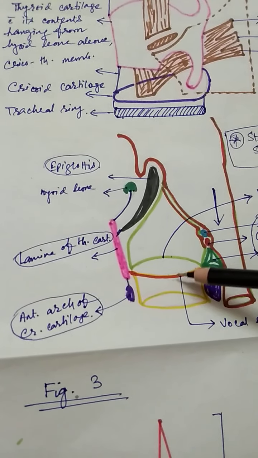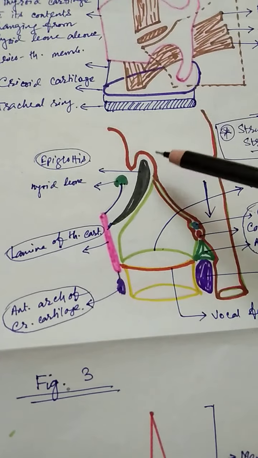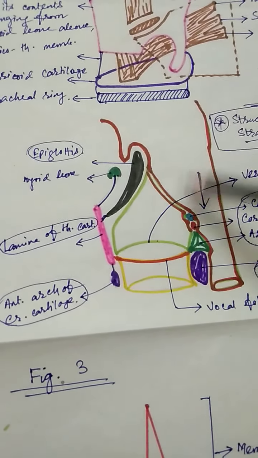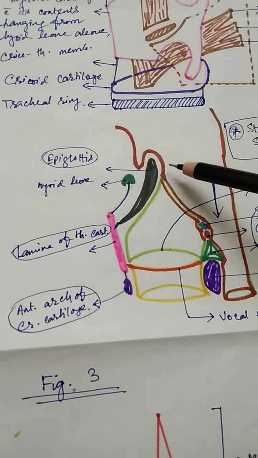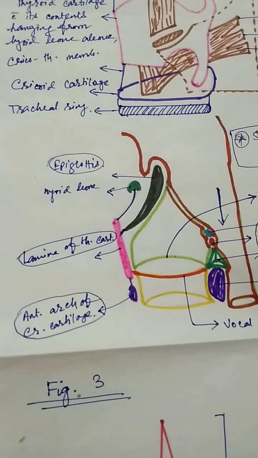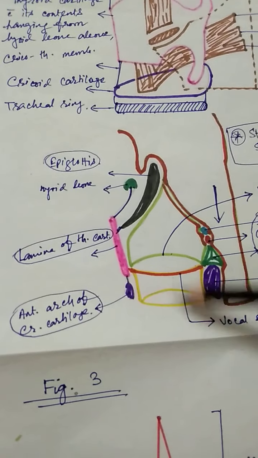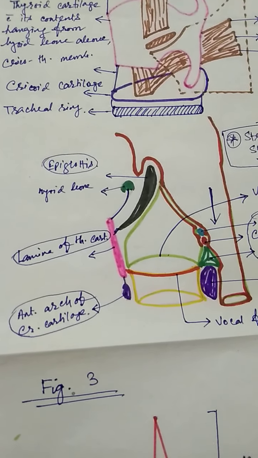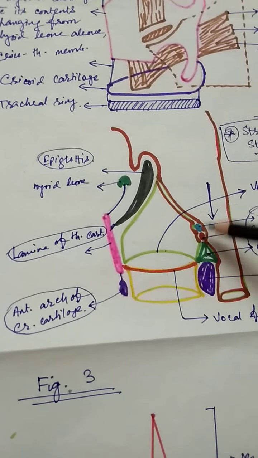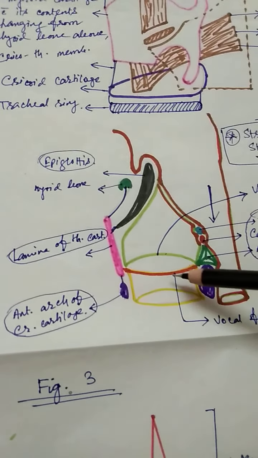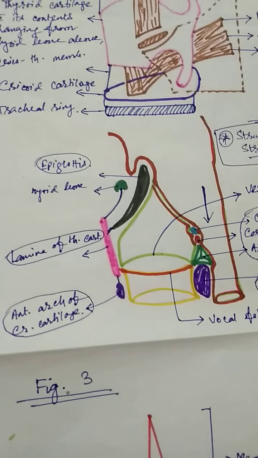So, above the vocal folds, the sensory supply of the mucous membrane is by the internal laryngeal nerve of the vagus, but below the vocal folds it is supplied by the recurrent laryngeal nerve. Okay. Above the vocal fold the artery supply is the superior thyroid artery, below the vocal fold the inferior thyroid artery.